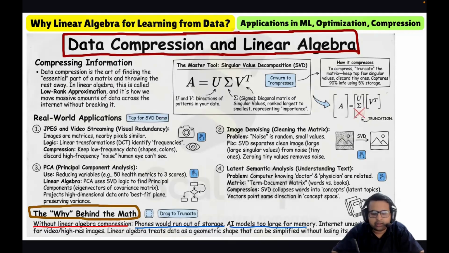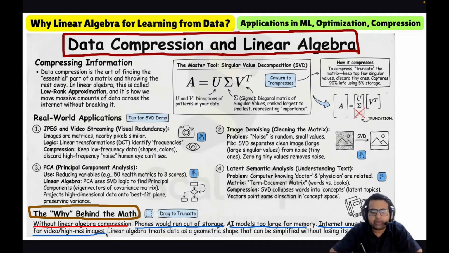The internet would be unusable for video or high resolution images. So everywhere data compression plays a role, linear algebra is powering it. Linear algebra data compression has some serious real world applications.